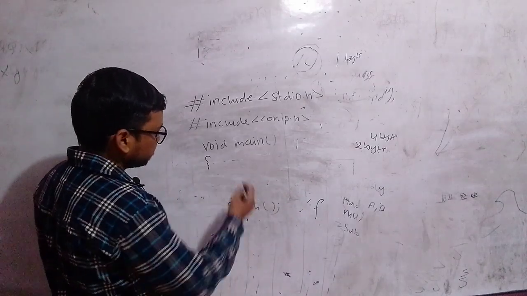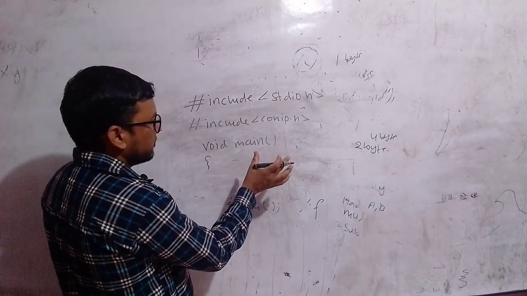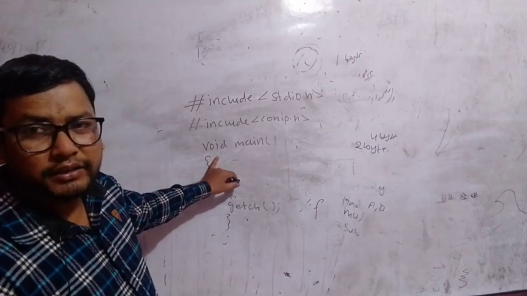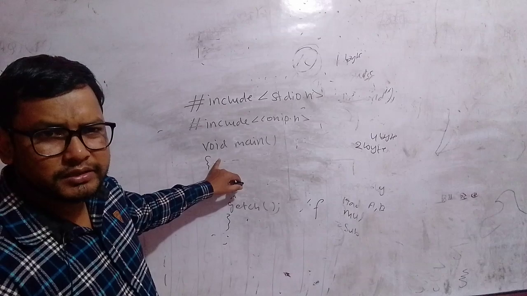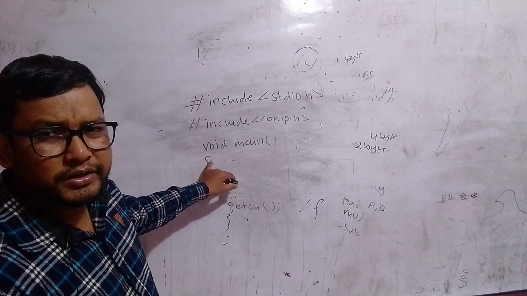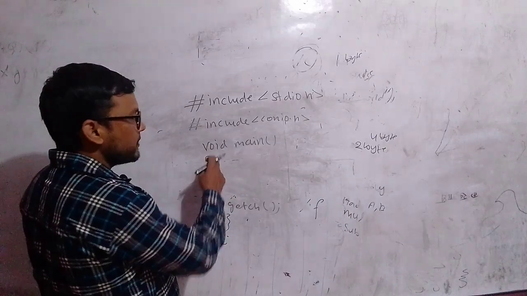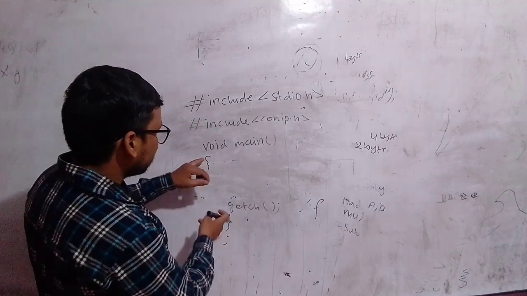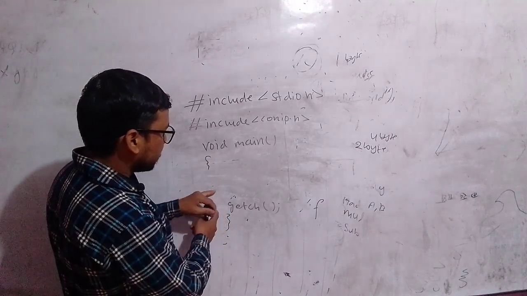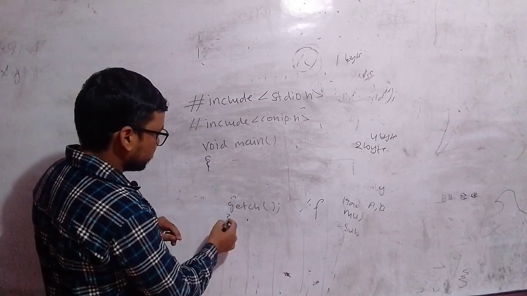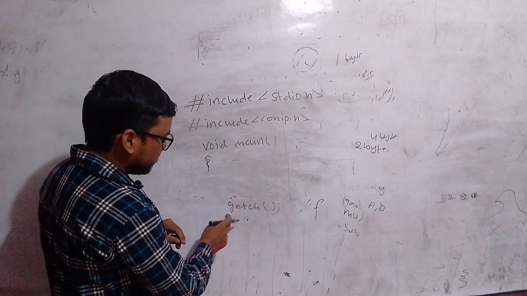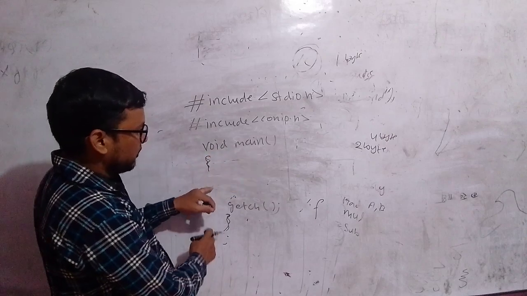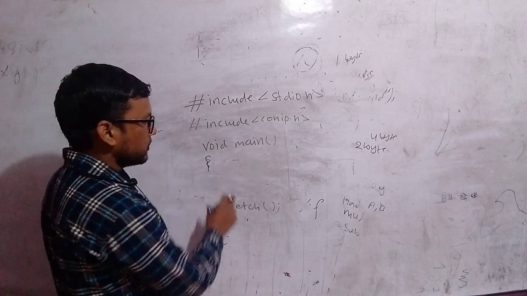When we write a function, this is called the return type. Here we can write int also, float also. How to write this and what its use is, we will study later. Now void means no return type. This does not return a value. The code inside these two brackets following the void main is called the function body.